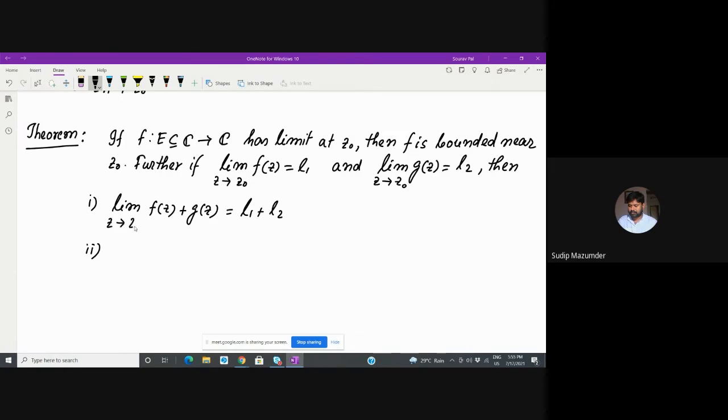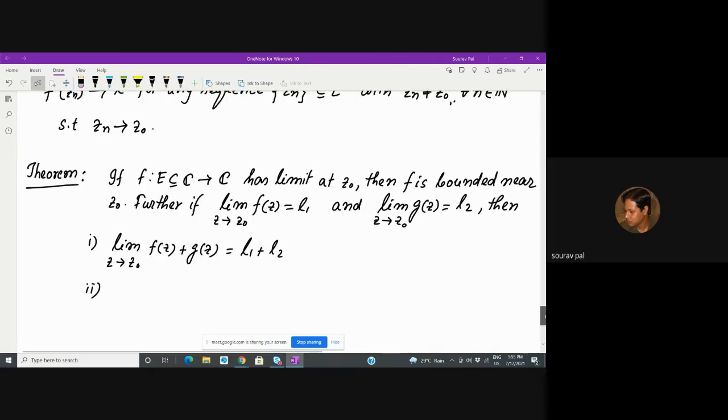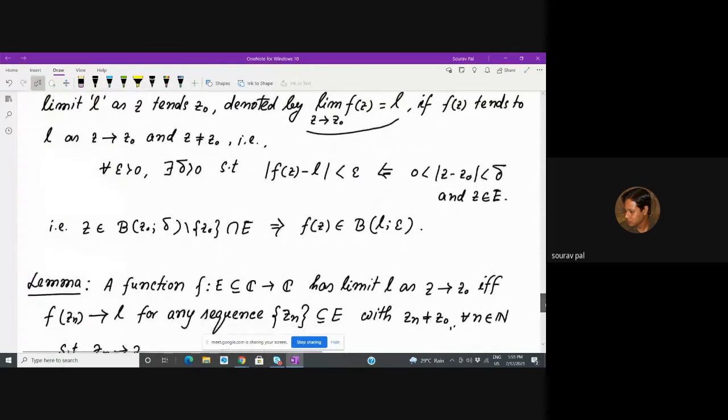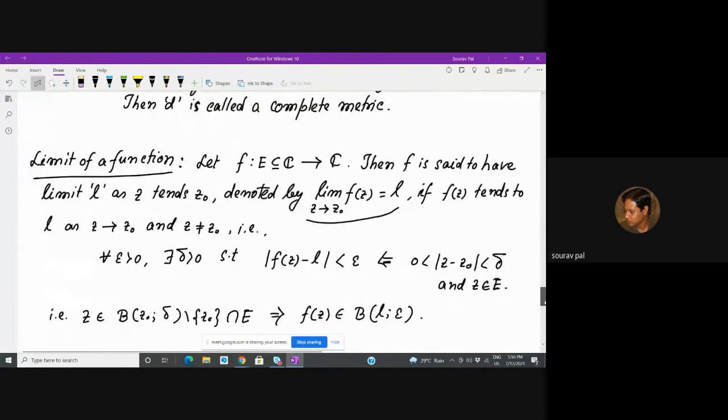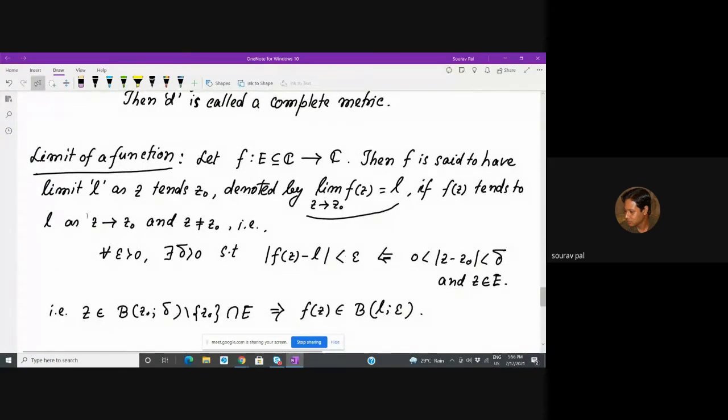The limit should be finite; whenever I say limit here, this L is finite and belongs to C. I am talking about finite limits only.